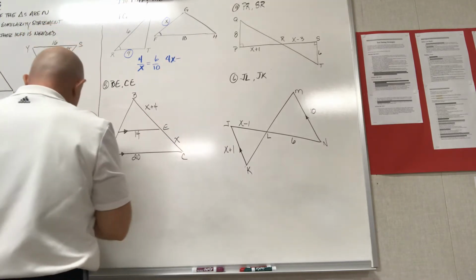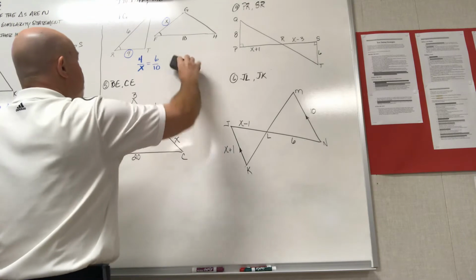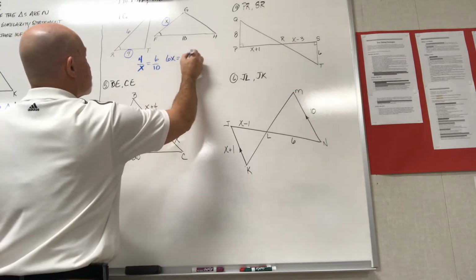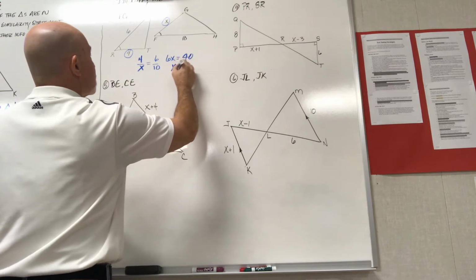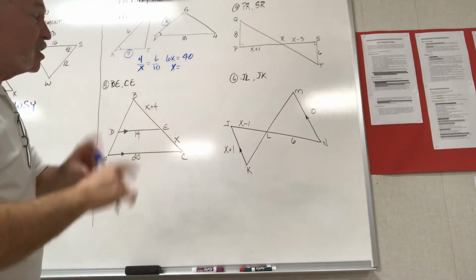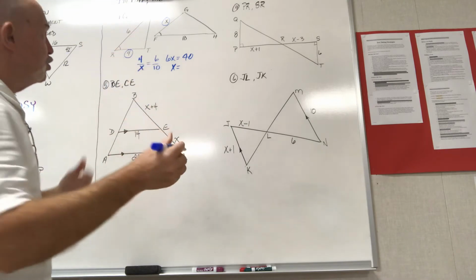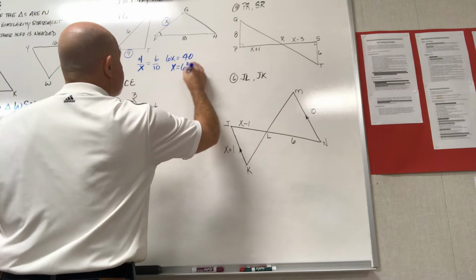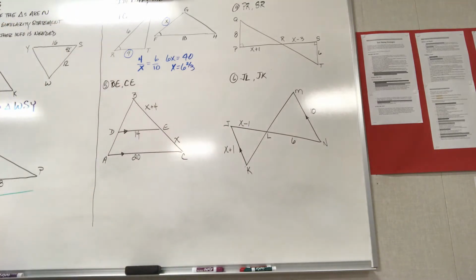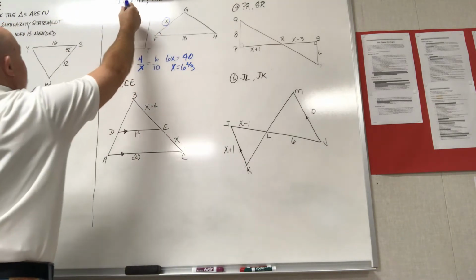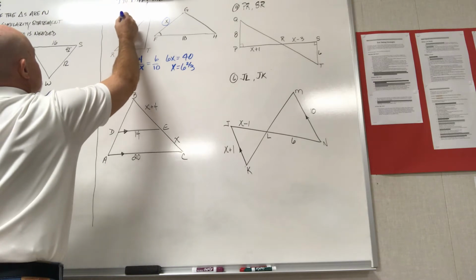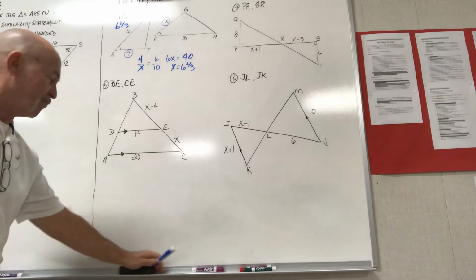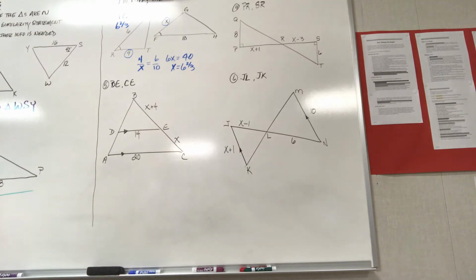Oops, that's 6X. Six goes into 40 6 times with a remainder of 4, which is 2/3. So, FG, 6 2/3. Yes, you can use decimals if you prefer. That's perfectly okay.